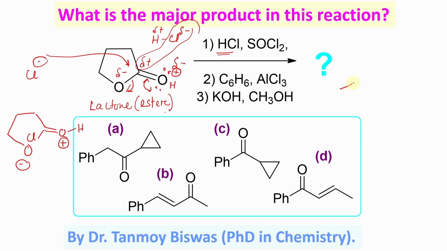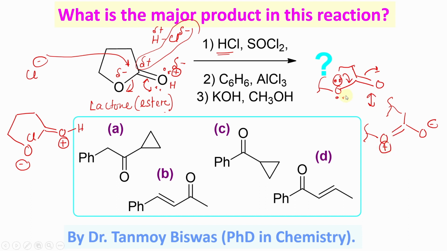Because if I say this is your ester, double bond OR, I'm not showing the other part, it can have a resonance. Resonance means this lone pair can come here, and it can open. So another canonical form, this is oxygen double bonded with this carbon, it is O minus, and this is carrying plus.